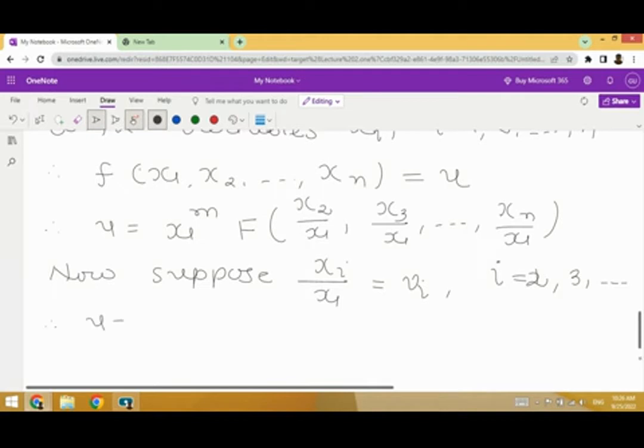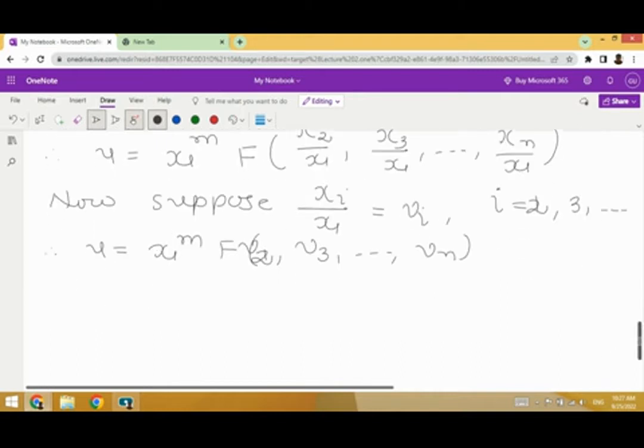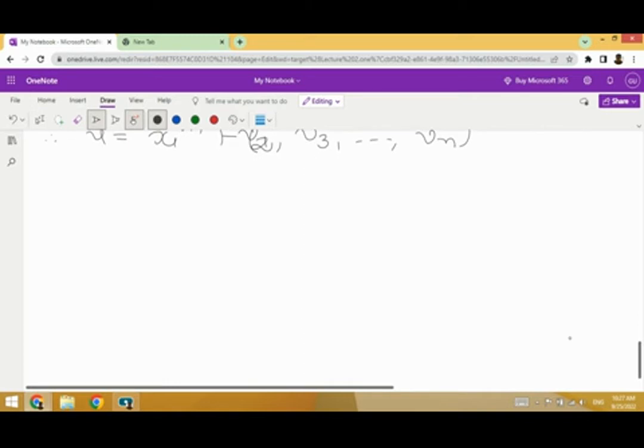Therefore, u is equal to x1 raised to m capital F of x2 upon x1, that is v2, v3 up to vn. Now we apply differentiation on both sides of the function u with respect to x1.